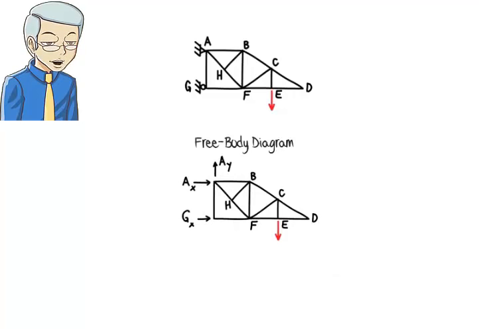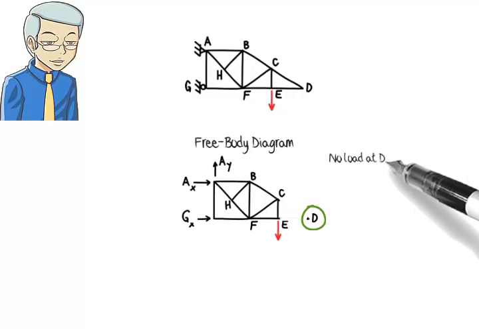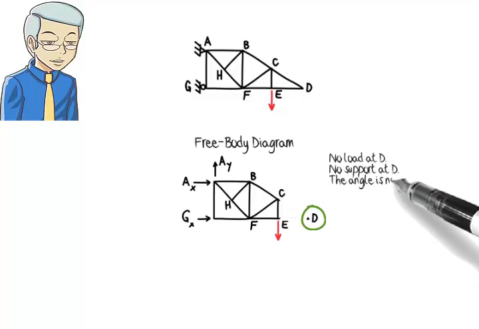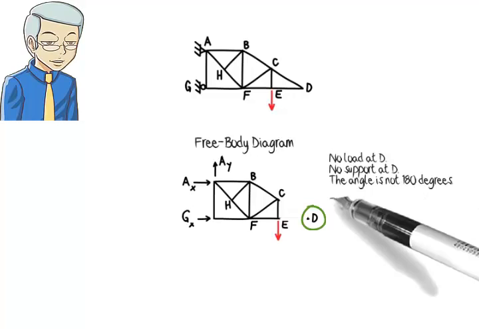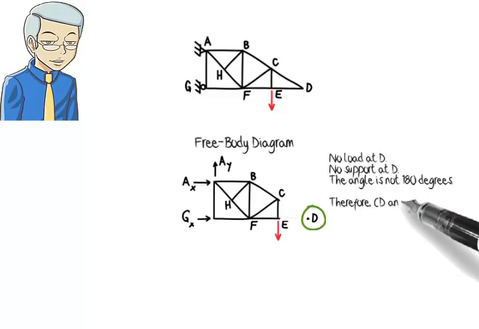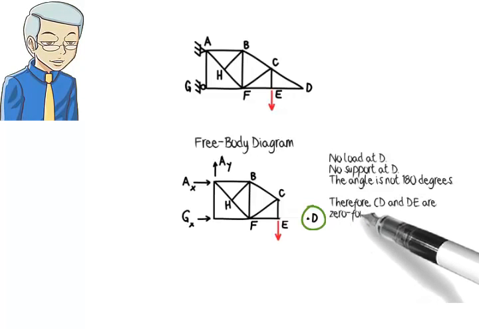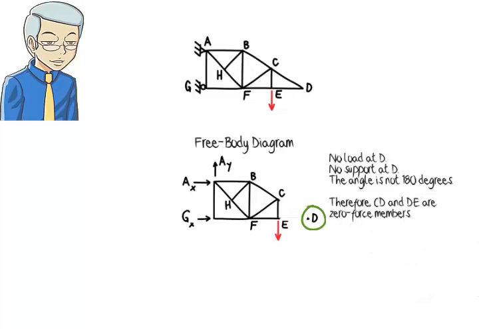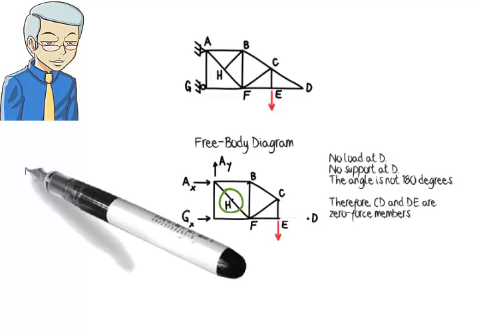Here, Rule 1 applies to joint D. Therefore, CD and DE are zero-force members. Also, Rule 3 applies to joint H. Hence, BH is a zero-force member.